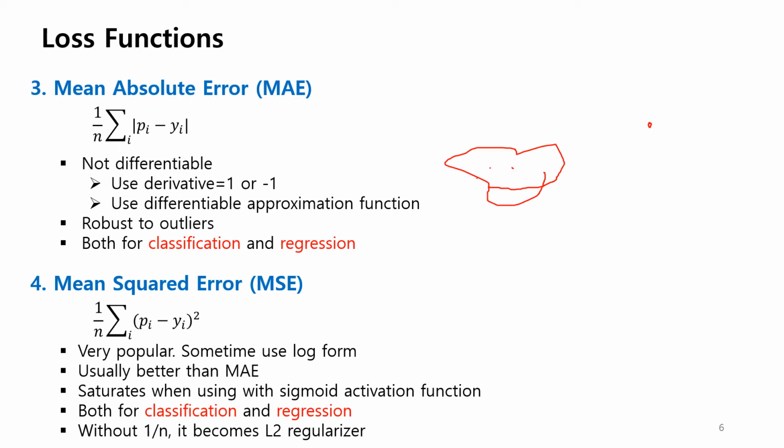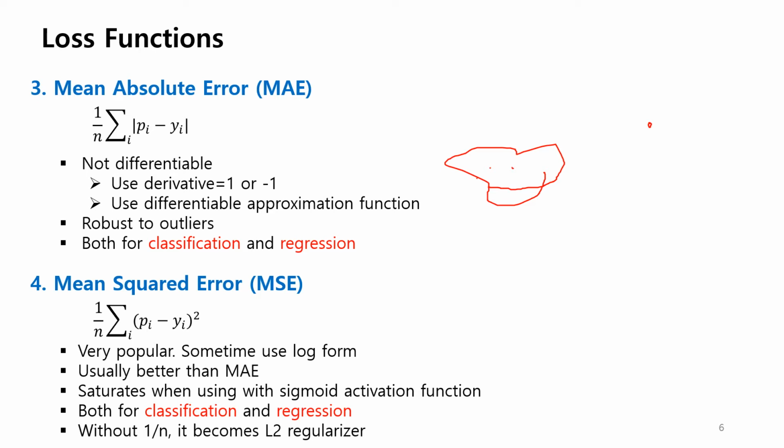So if you use MAE and calculate the error for this particular outlier, and also calculate the size of error using MSE for this particular outlier, then if you compare these two, the MSE value is much higher for this outlier.